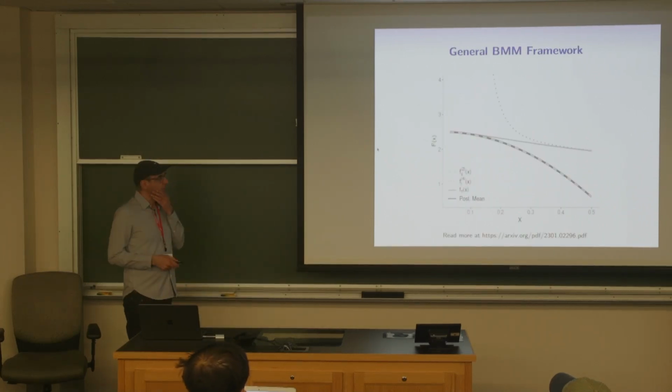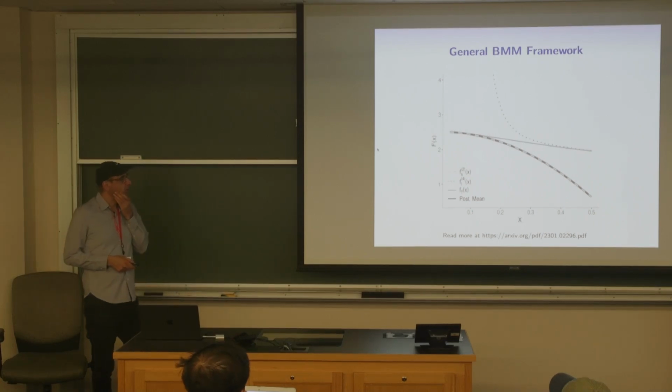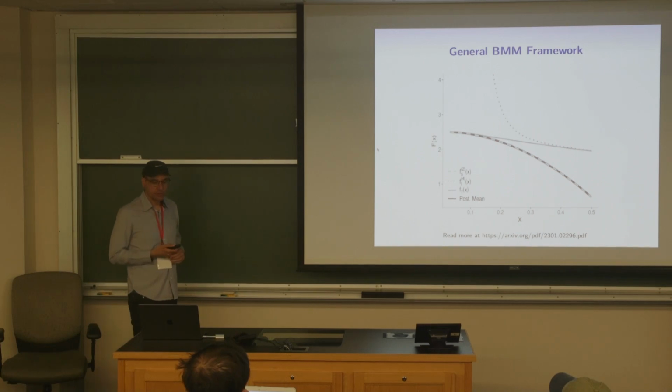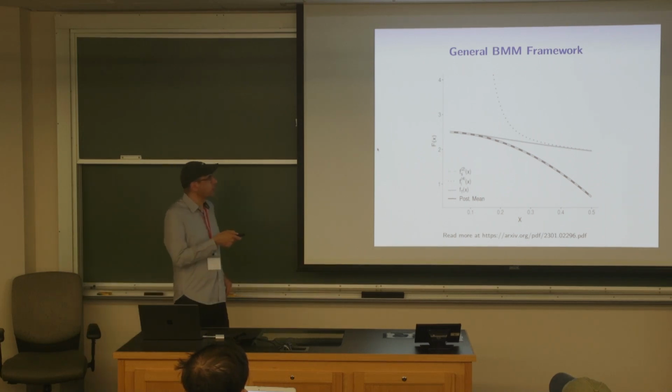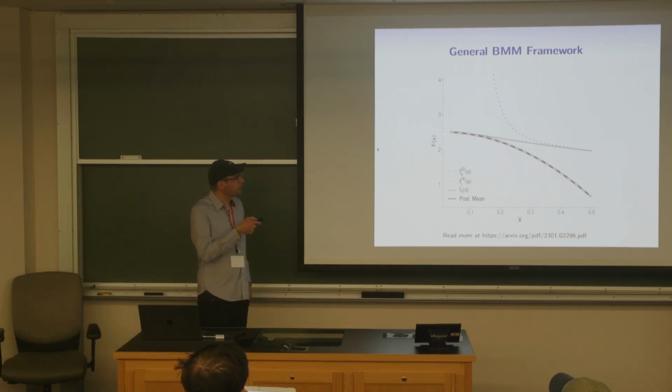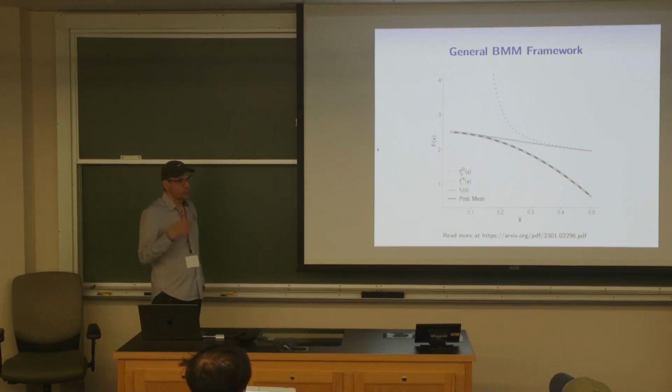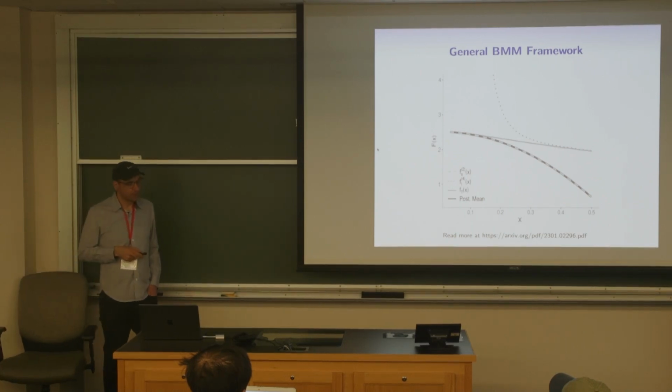Here's a more motivational picture describing the situation we have in mind. Here we have some true f-Dagger function, that's this stark gray line here, which we don't actually typically know in reality.